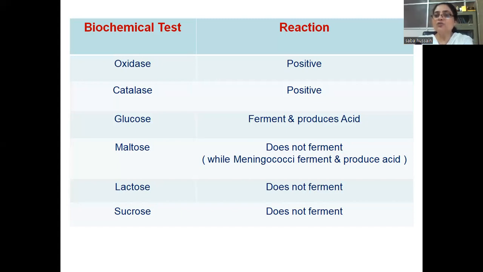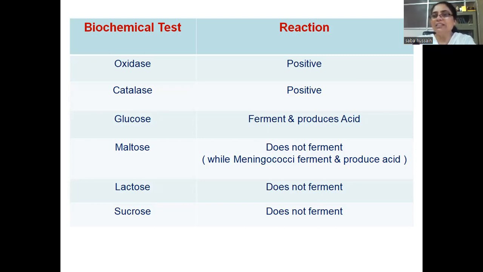Neisseria gonorrhoeae does not ferment maltose, so it's negative, while meningococci, that is Neisseria meningitidis, ferment maltose and produce acid. Lactose and sucrose are not fermented by meningococci as well as gonococci. So this table you can learn for meningococci as well as gonococci, the only difference being maltose.